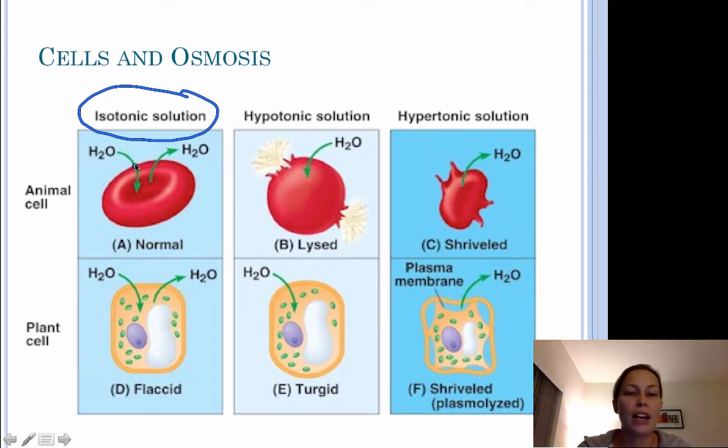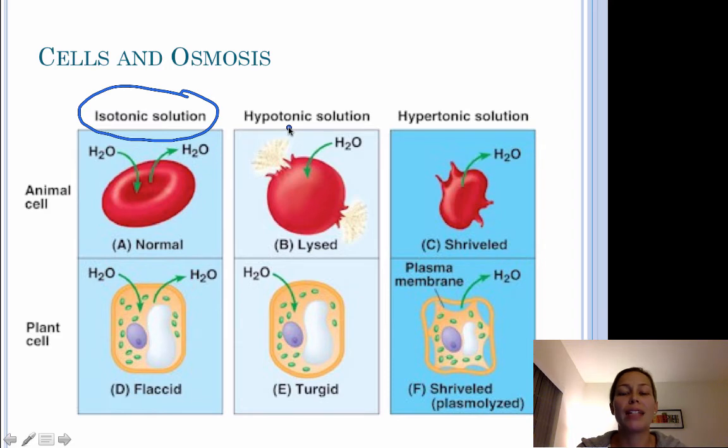In an isotonic solution, where there are equal amounts of water outside and inside the cell, water is moving at a constant rate into and out of the cell, and the cell appears normal and happy. Same thing with a plant cell. If a plant cell is placed in an isotonic solution, water is able to pass through both the cell wall and the plasma membrane. It's passing through at equal rates, and the cell is what we call flaccid.